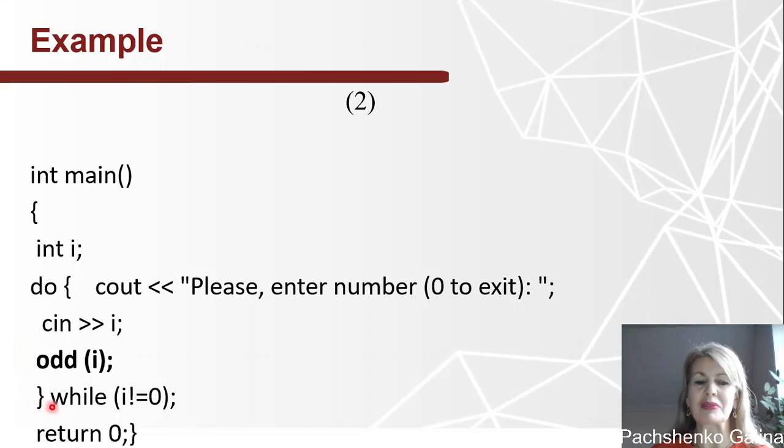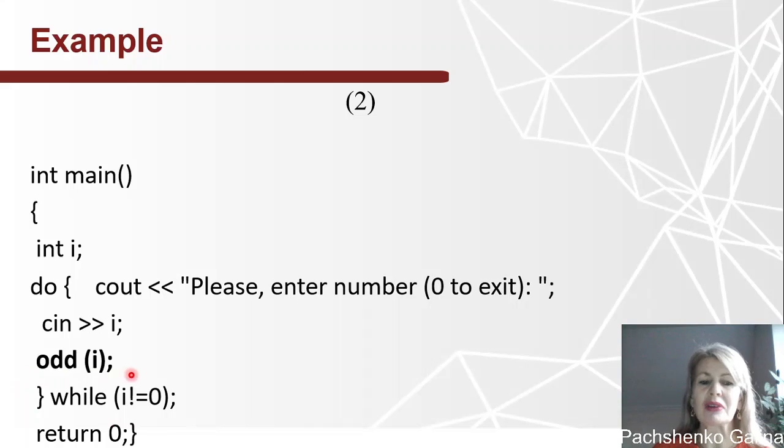Here we print, displaying on our screen, please enter number or 0 to exit, and then scanf reads from the keyboard variable I. And then we call our function odd and pass I as an argument, and continue while I is not equal to 0.